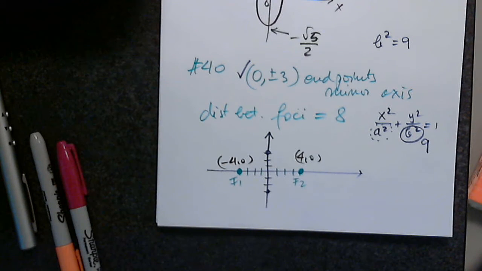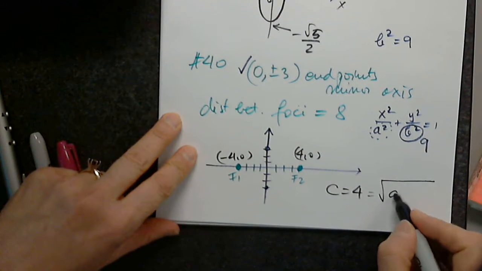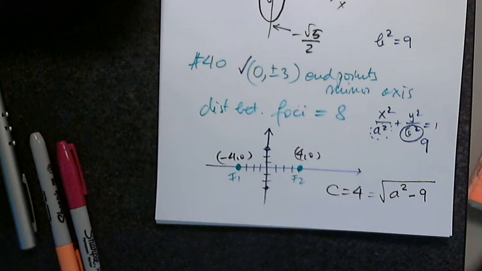Knowing that, what do I know immediately? I know c, which is the square root of a squared minus 9. And I know that a squared must be bigger than 9 because of what we just established and because the ellipse is on the x-axis.